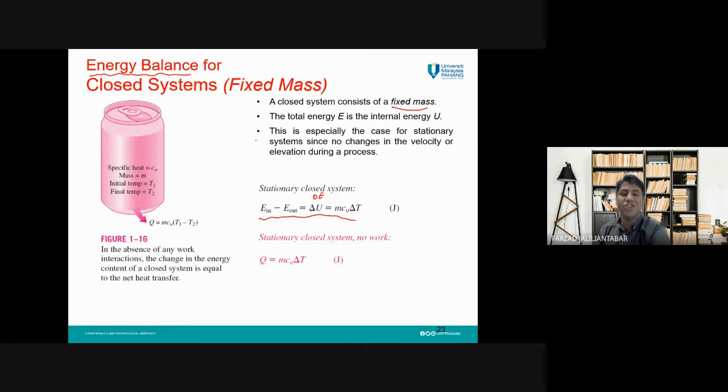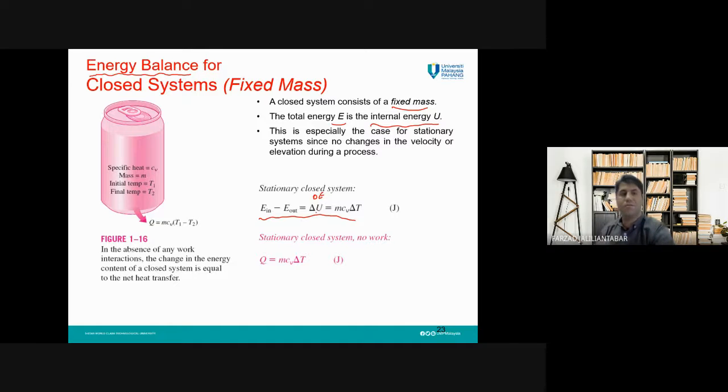Then the change in energy here is only the change in the internal energy of the system. This is a rule, and you can use it for all closed systems. For a closed system, usually the change in the energy of the system is only the change in its internal energy. So E in minus E out is equal to delta U.